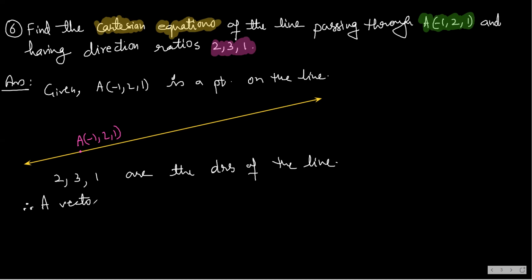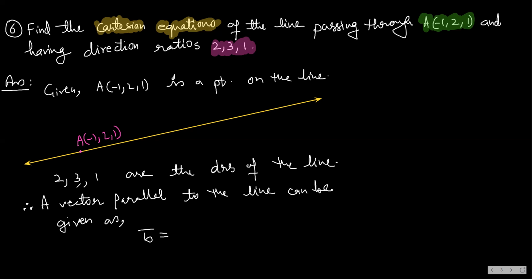Therefore, a vector parallel to the line can be given as b bar equals 2i cap plus 3j cap plus 1k cap.